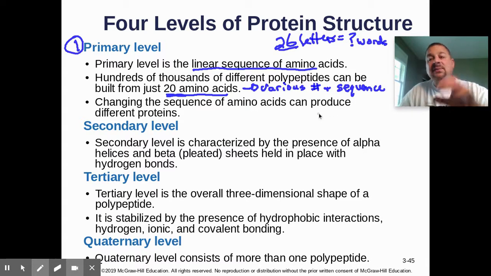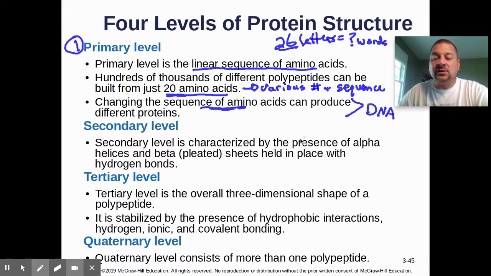We can take those 20 amino acids, use different amounts of them, and put them in different sequences, and we can get a whole bunch of different kinds of proteins. Changing that sequence can produce different proteins, and that is all determined by our genetic code, which we'll talk about later this year, how we have that triplet code, and each triplet of 3 nucleotides will determine what amino acid is placed next.